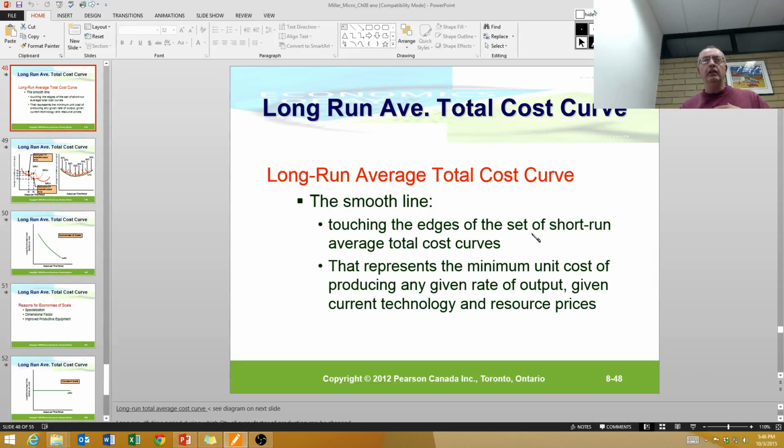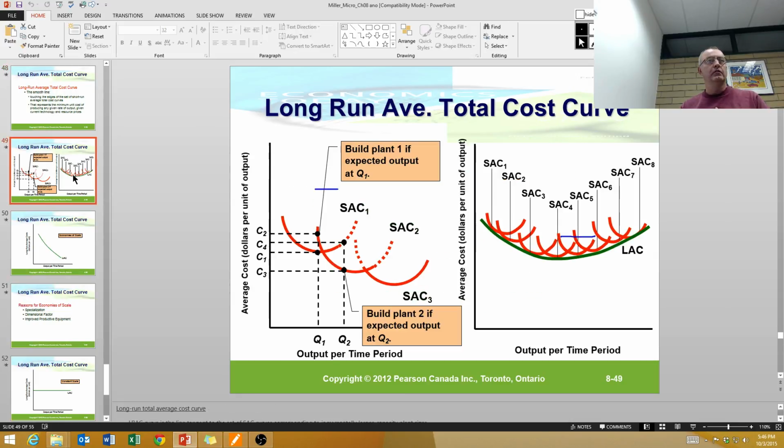And if we came up with an infinite number of these plant sizes based on incremental units of output, then we would come up with an infinite number of short-run average total cost curves. The long-run average total cost curve is simply the line that's drawn tangent to all these short-run average cost curves corresponding to plants of different sizes.